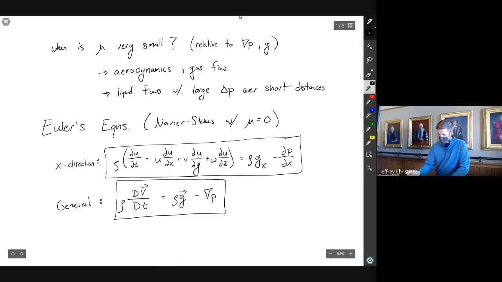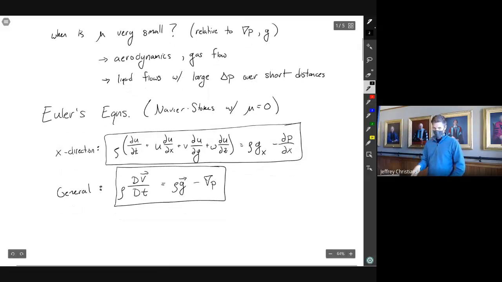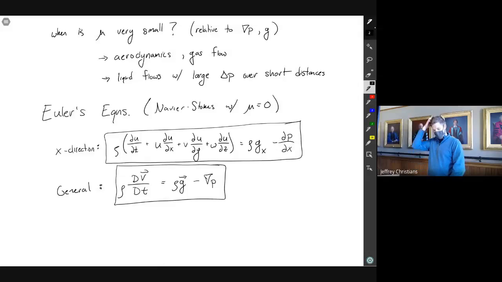And I'll box both of those. So this is the expanded full version. The other one is the nice, compact, a little bit easier to write version in vector form. So it takes on whatever equations, or whatever directions, you might have in your problem.